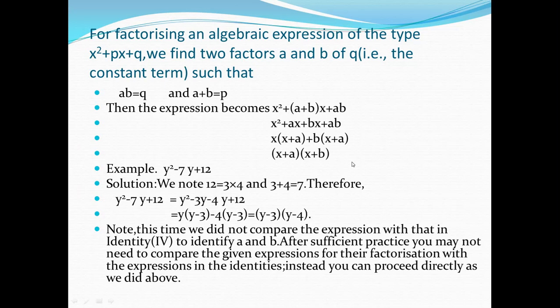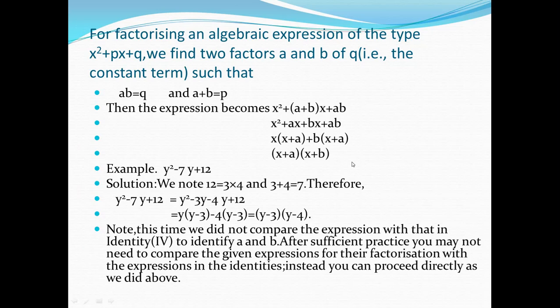Now in the third step, you can find that x plus a is a common factor, and x is the non-common factor in the first term and b is the non-common factor in the second term. So we can rewrite as (x plus a) multiplied by (x plus b).